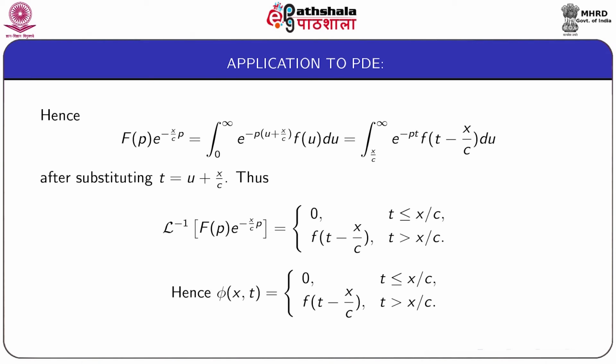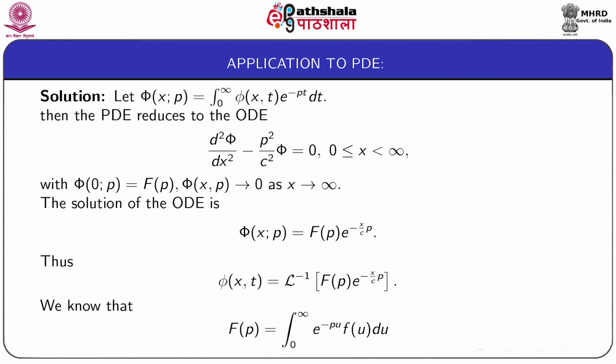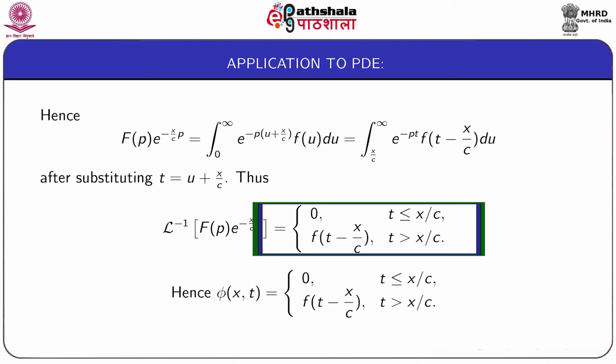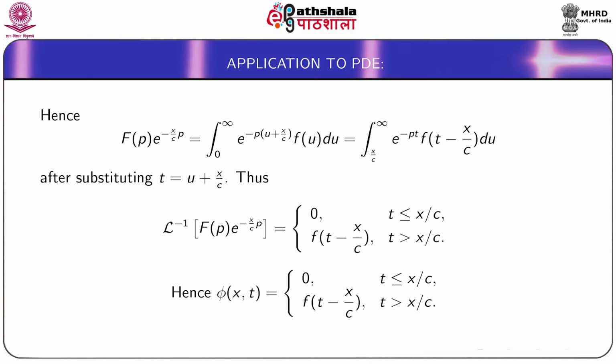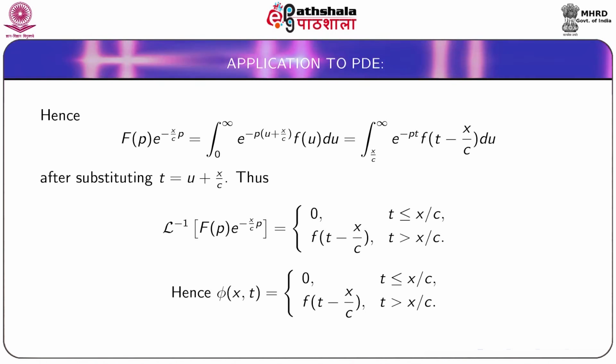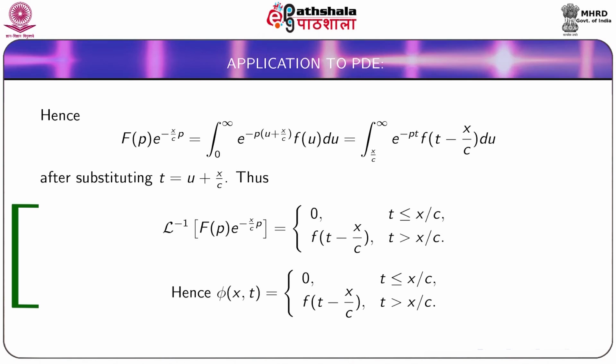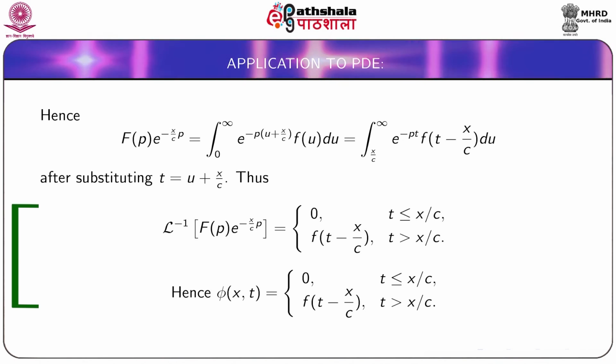Thus, with this simplification, phi(x,t), which is the Laplace inverse of capital F(p) into e to the power minus x by c into p, can be written as equal to 0 for t less than or equal to x by c and equal to f(t minus x by c) for t greater than x by c. This is obvious from this integral.